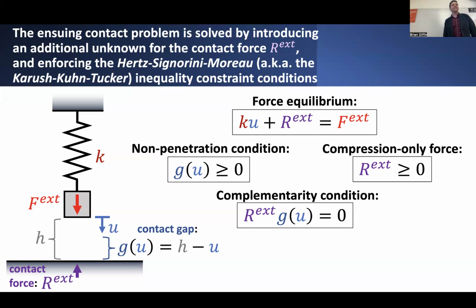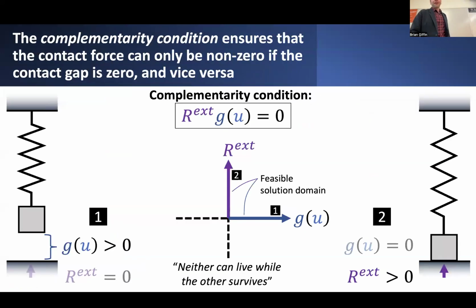So the complementarity condition is really a statement that helps to enforce this condition that really only one of these things can be happening at once. You can't have both of them, which effectively gives us a constrained space for the actual feasible set of solutions that we can have to this contact problem.